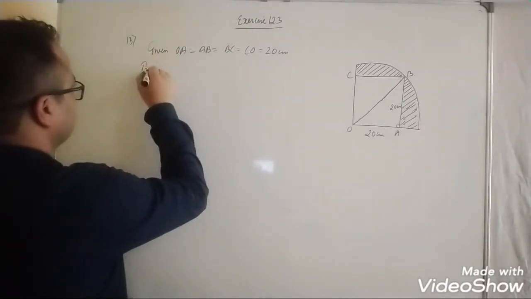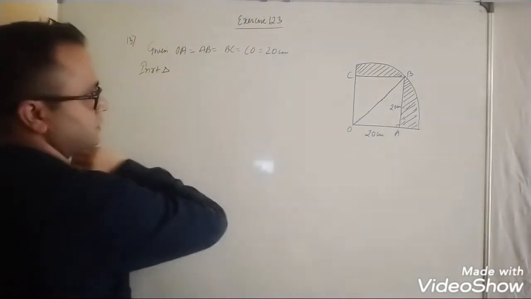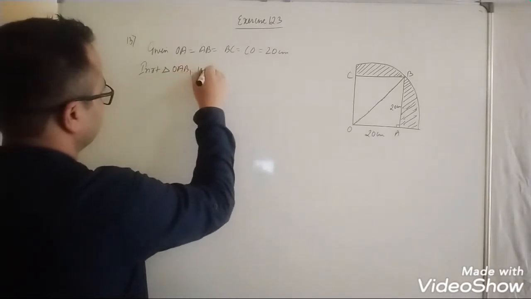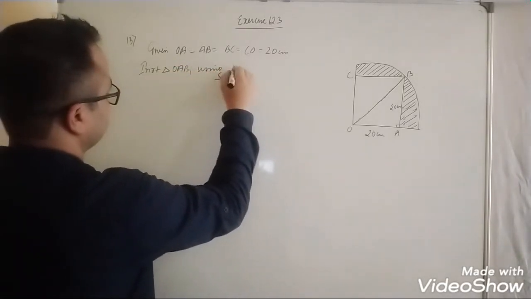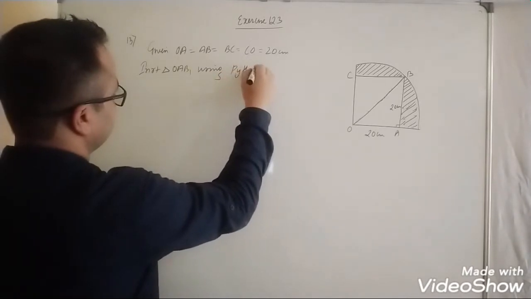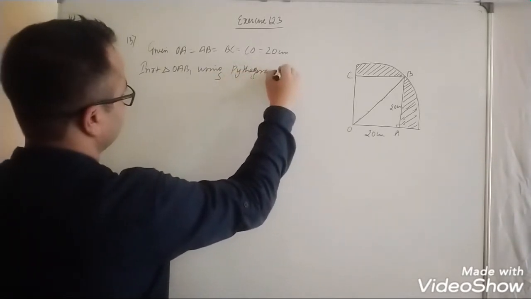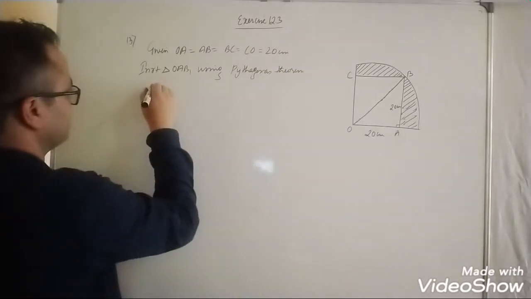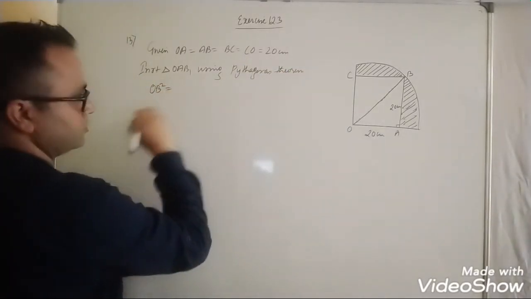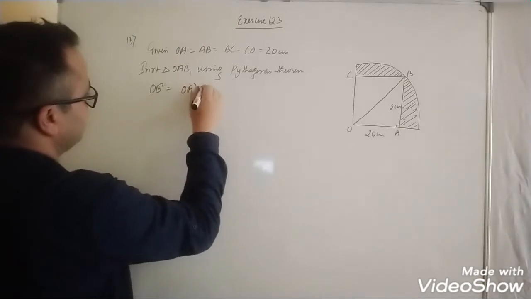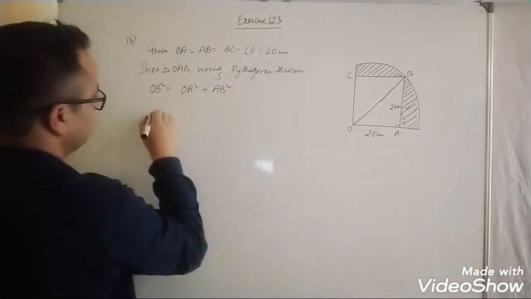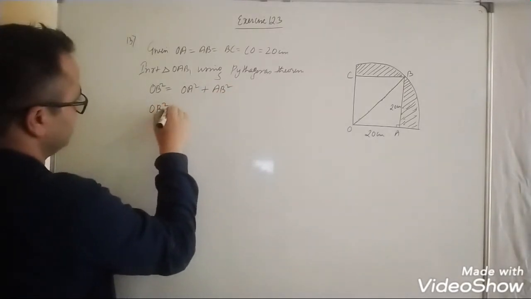In right triangle OAB, using the Pythagoras theorem, OB square equals OA square plus AB square.